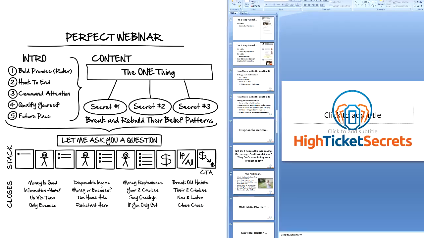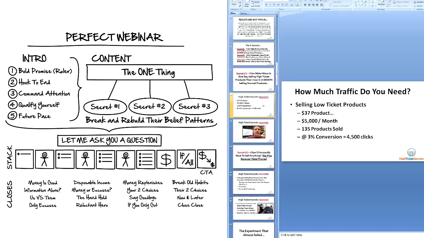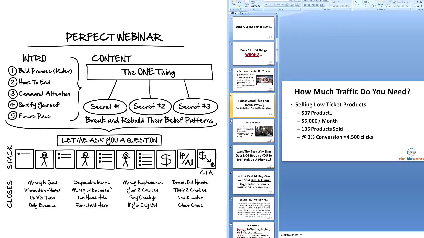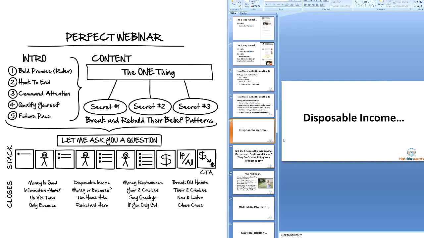Disposable income is one of my favorites. If you come up here, you'll see where I use disposable income. Okay, so disposable income. This is where you talk about the fact that, look, all of us have disposable income.